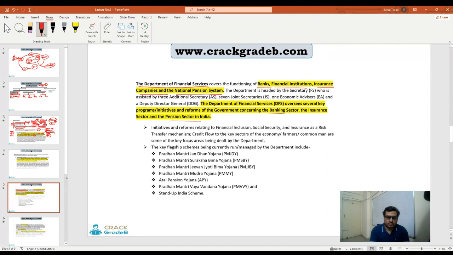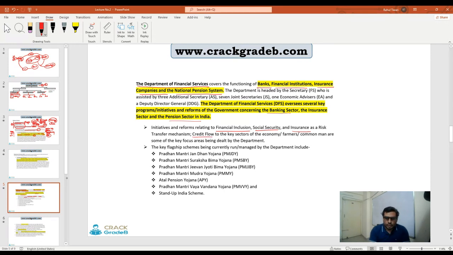Again, it is mentioned here: initiatives and reforms related to financial inclusion, social security, insurance, risk transfer mechanism. In your syllabus, you have economy and social issues. So social issues, social security, insurance, all these things come under which department? Department of Financial Services, right?